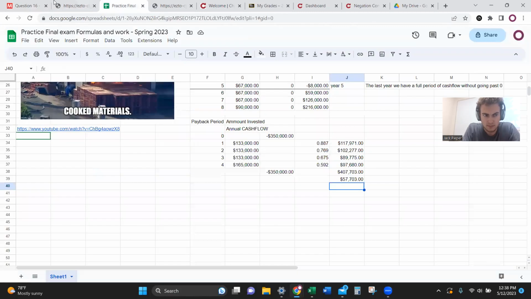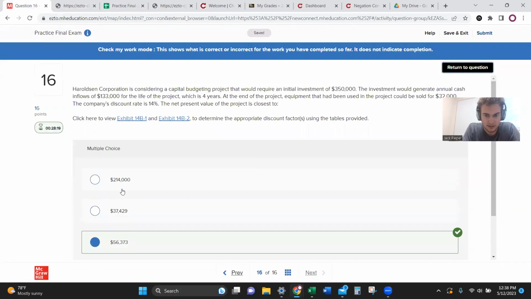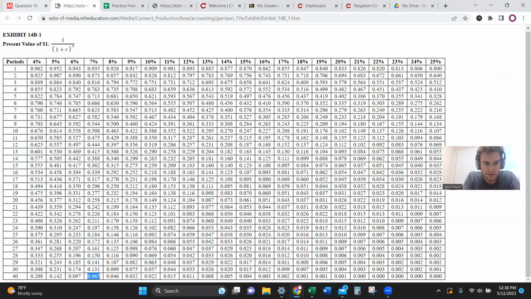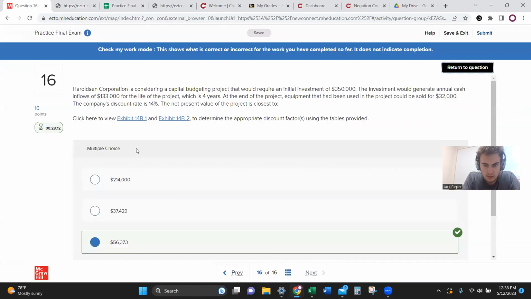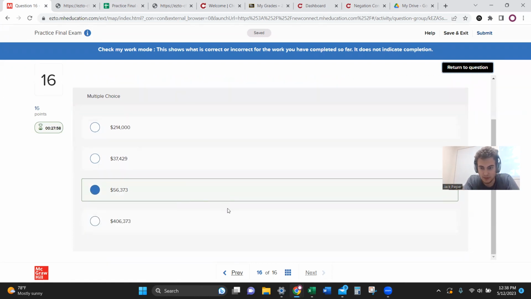And my numbers are a little off, but I might have just made a small little calculation error. Was it 350,000? Anyway, I probably just made a little error and I didn't add a percent, but that's what it would be.